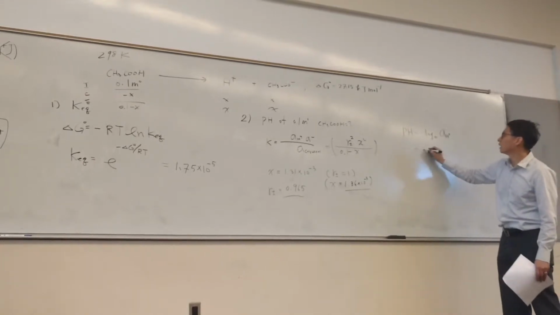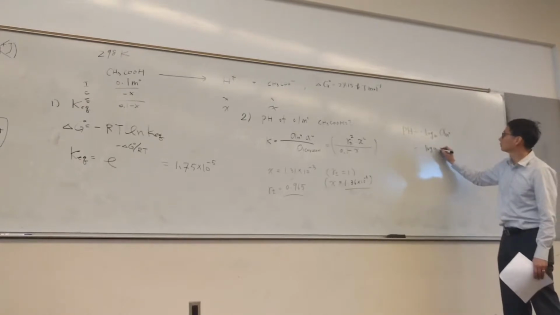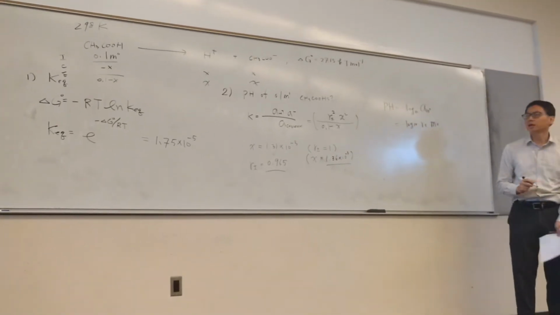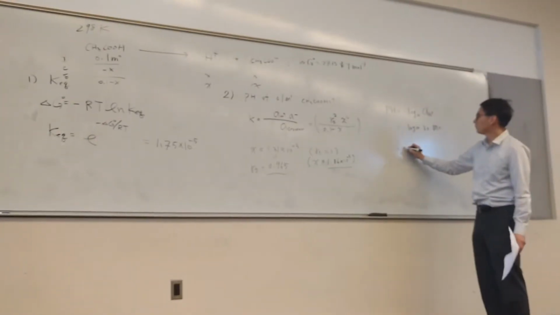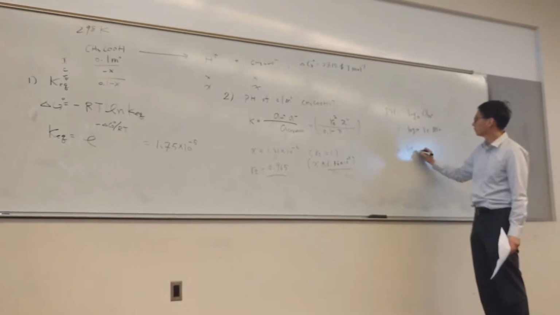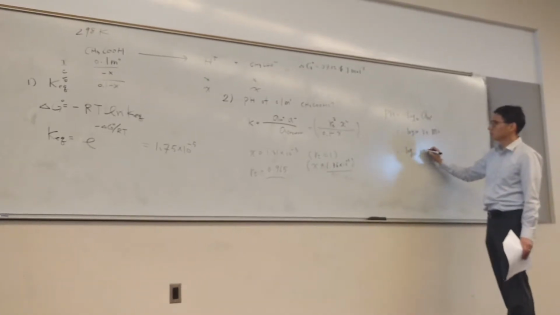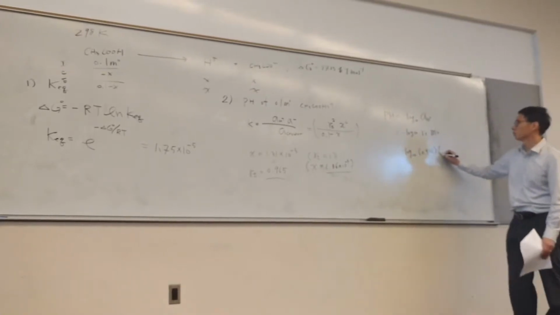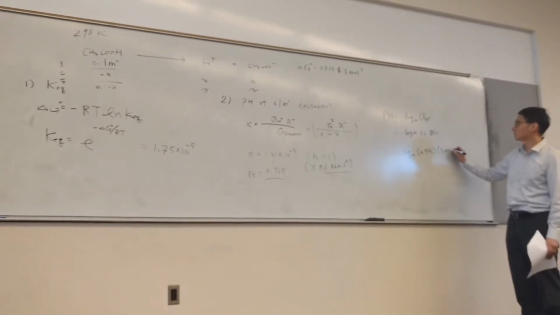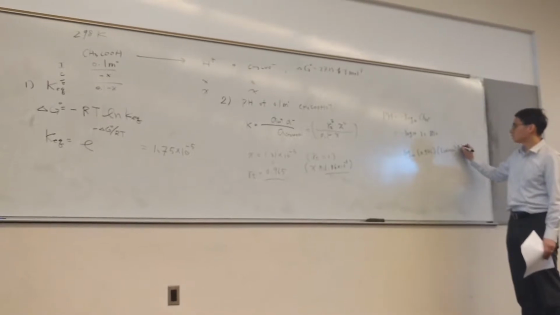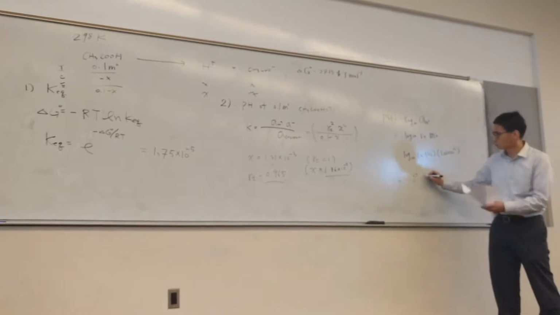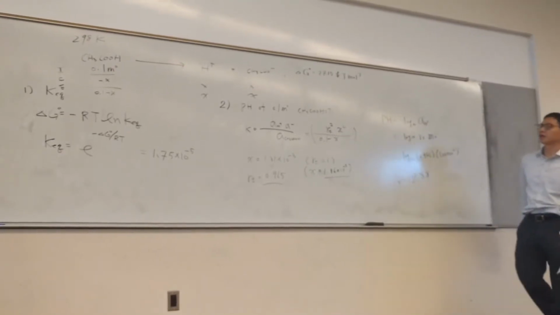And that's equal to negative log 10 gamma plus minus times your M plus. So it's equal to negative log 10. Gamma will equals to 0.965. M plus will equals to 1.36 times 10 to the negative third. So if you calculate this, you've got a pH value of 2.88.